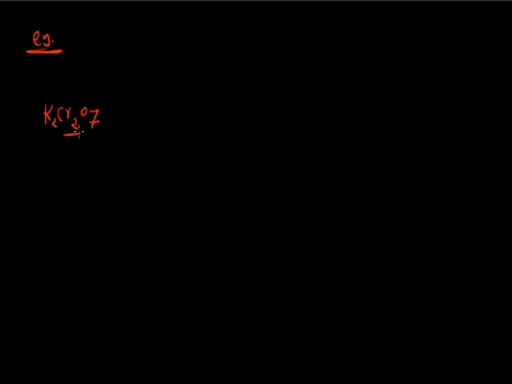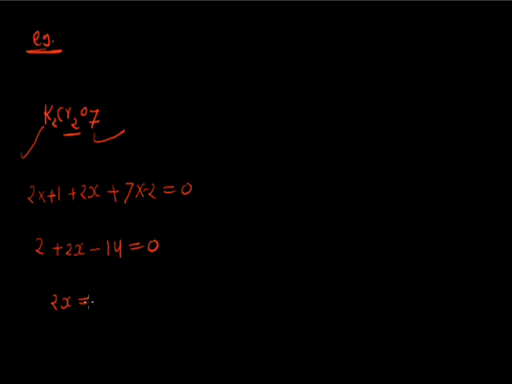So when finding the OS of Cr, for the remaining elements, potassium is +1, so 2 into +1, plus chromium is 2 times, so 2x, plus OS of the oxygen is generally -2, that becomes 7 into -2, equals 0. By solving this equation, 2 plus 2x minus 14 equals 0, so 2x equals 12 and x becomes +6.